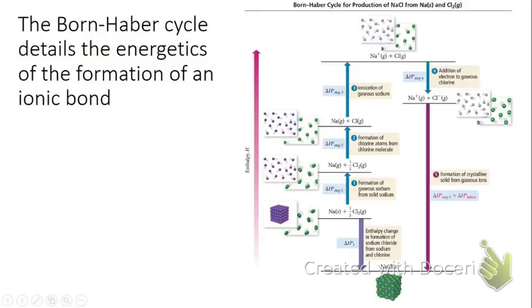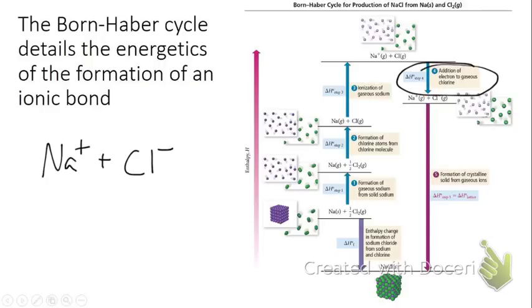So why do we care about ionic compounds then? We care about ionic compounds because they are very exothermic. The formation of a lattice, or of a solid salt, is very exothermic. However, if it was just about making the ions, so for sodium, if it was just about doing this, we would get up to step 4.